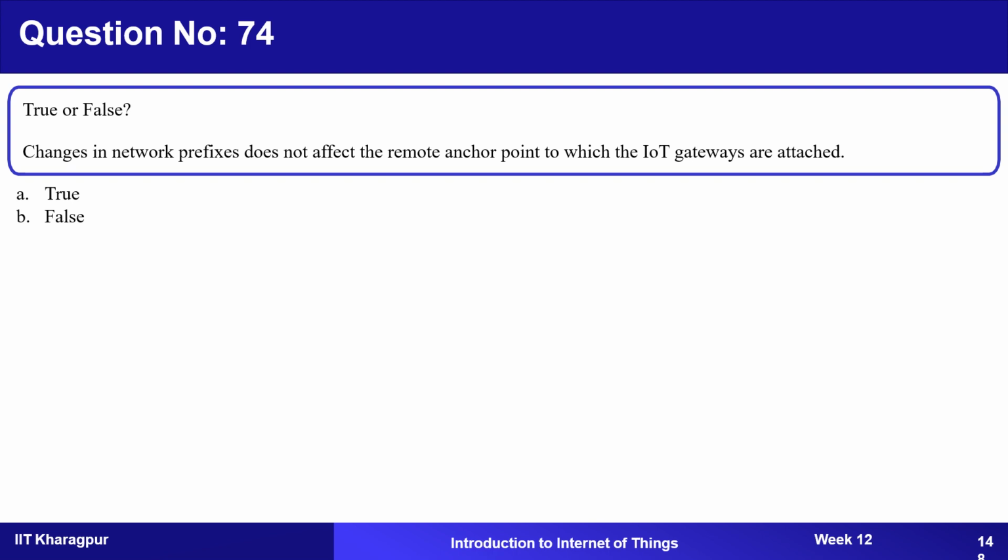False. The statement is true, okay. Because you can check this in the functionality of gateways. It is specifically mentioned that if you change the prefixes, then... Ma'am, the statement is false? Oh, I misread the question. The question has two negatives. I misinterpreted. Okay.